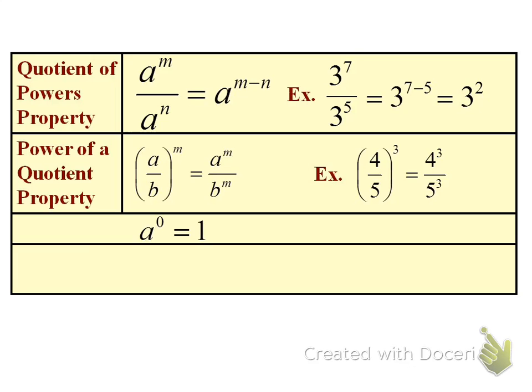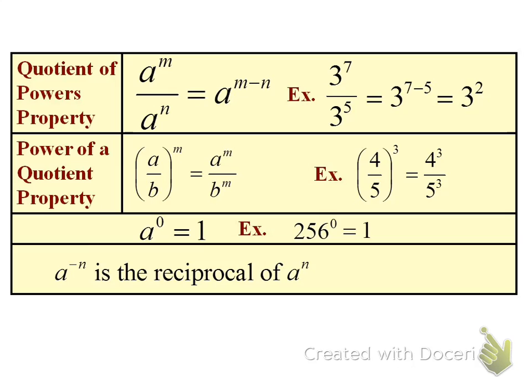Other important things to look at, remember anything to the 0 power equals 1. And an important thing to look at for reciprocals, so anything with a negative exponent, it's actually just the reciprocal. So if you have a to the negative n, that's the same thing as 1 over a to the positive n.